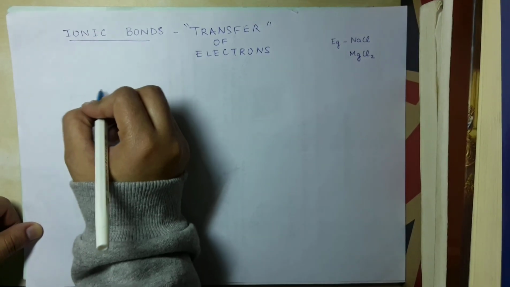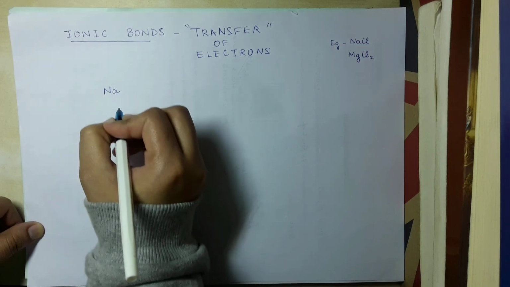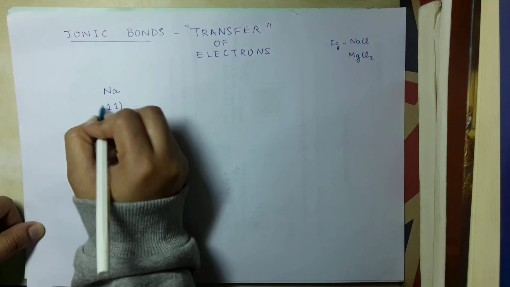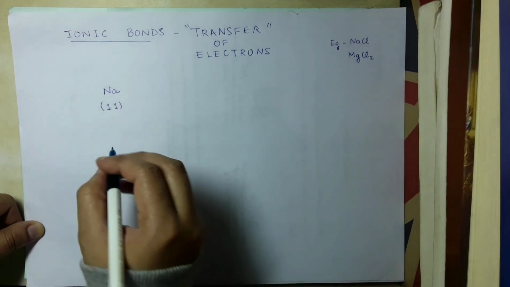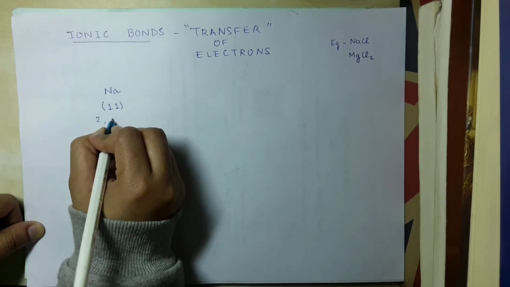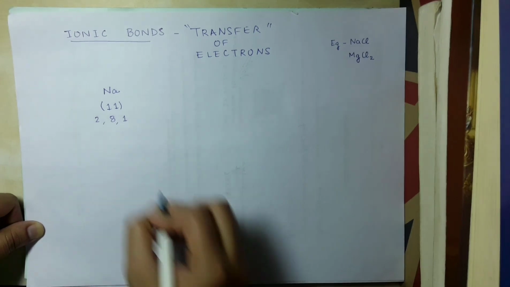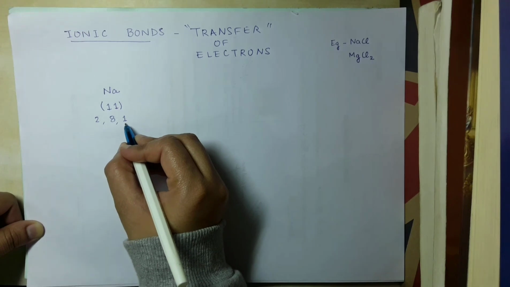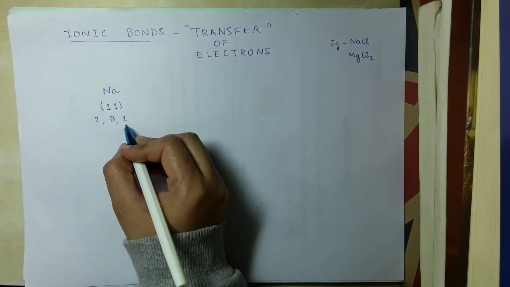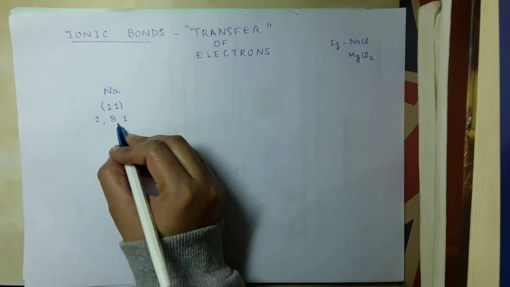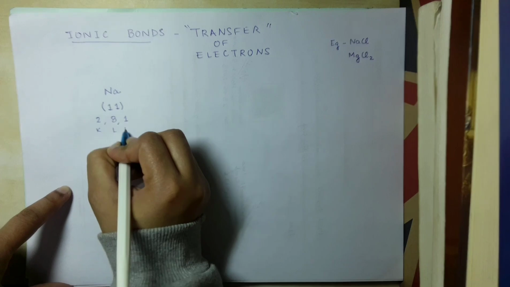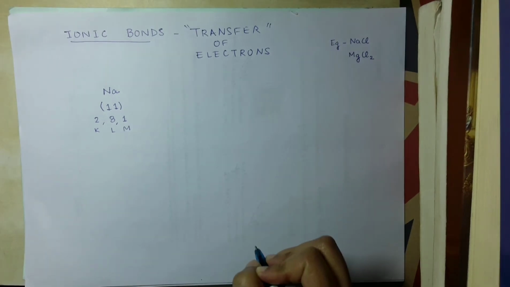So for example, Na, we just saw in the list that Na's atomic number is 11, right? If I distribute it in the shells, it comes up with 2,8,1. So somehow, if this Na is able to get rid of this one extra electron that it has, it would have 2,8 configuration, and it would be really, really stable. I've written the configurations in the various shells here.